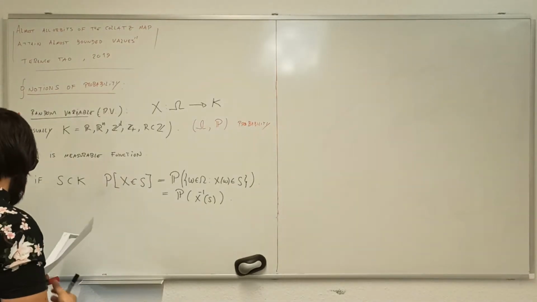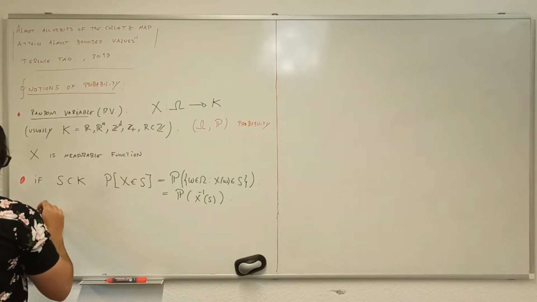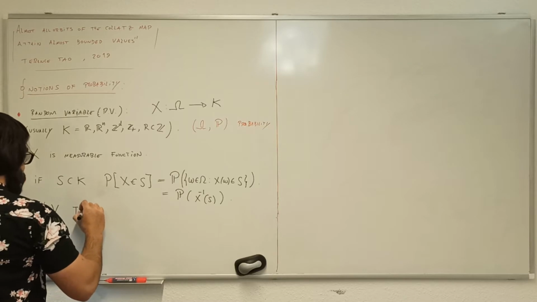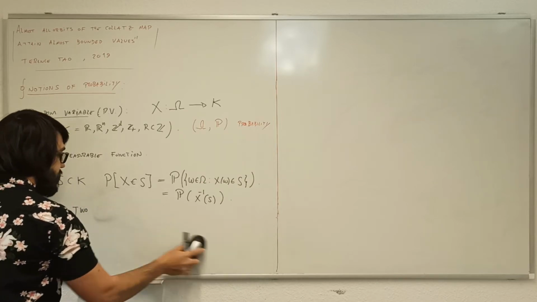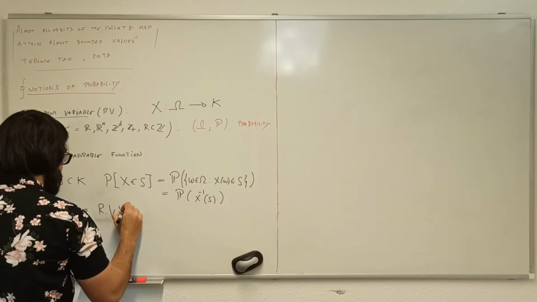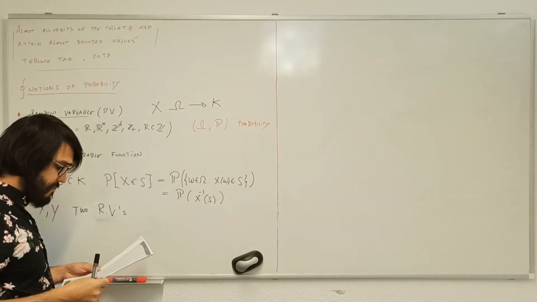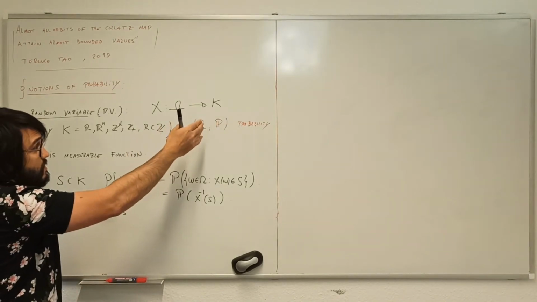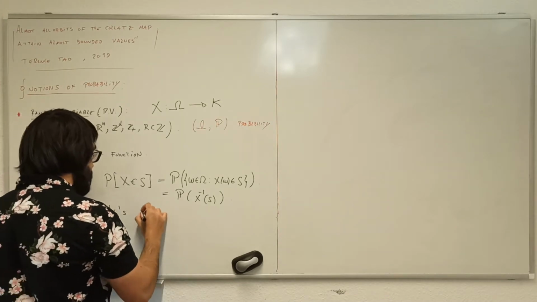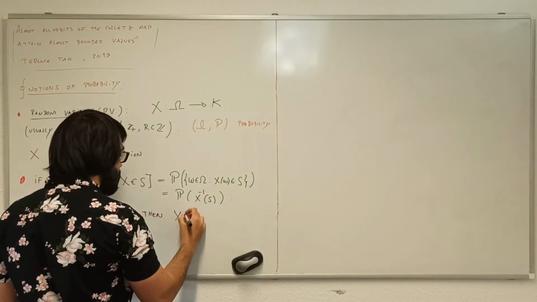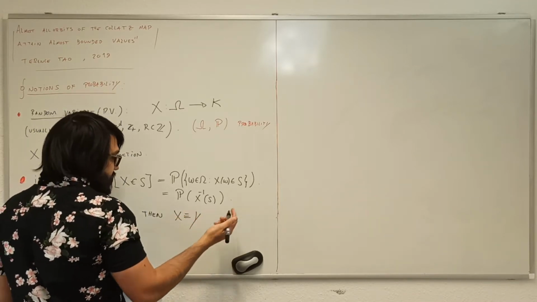Okay, so you also will say that if you have X and Y, two random variables, let's say both with the same range space K, then you can say that X is equally distributed as Y, so they are identically distributed. That's the notion.